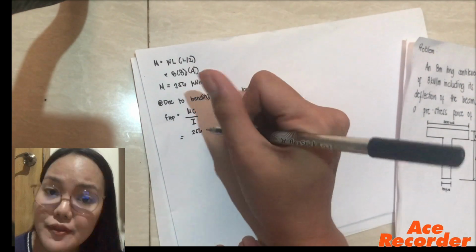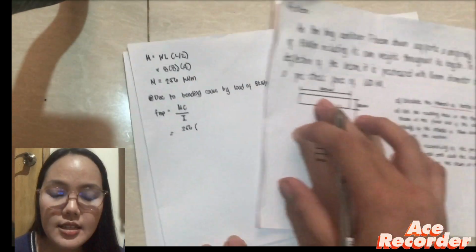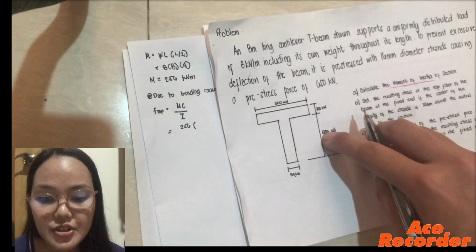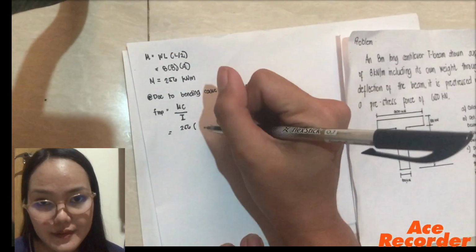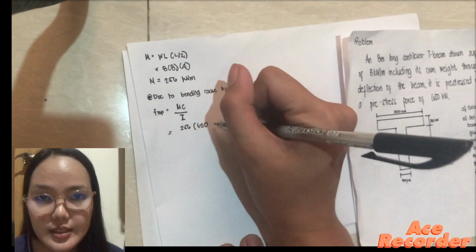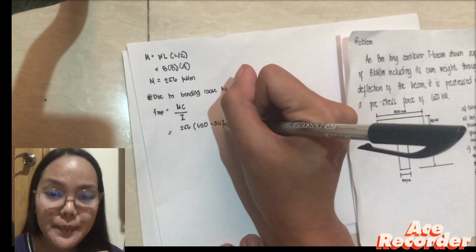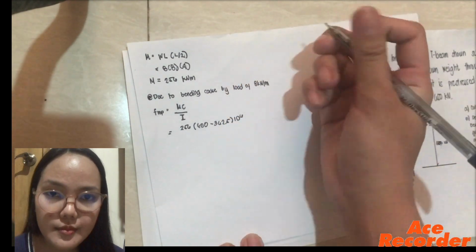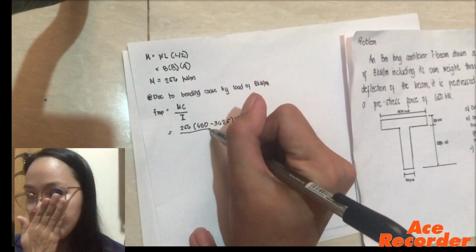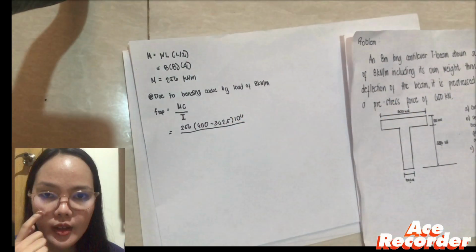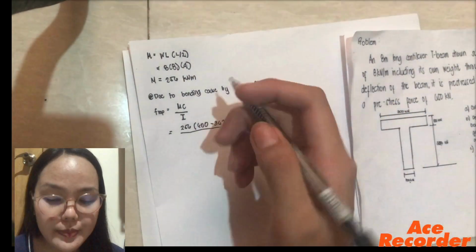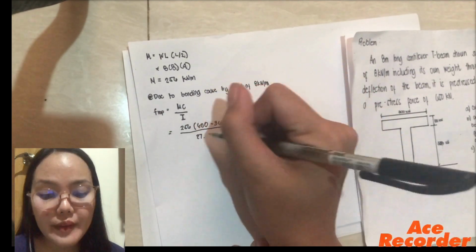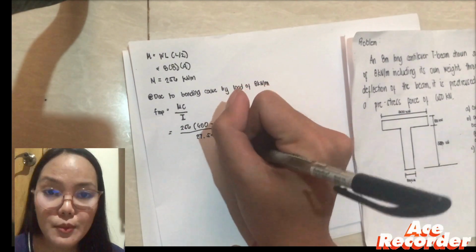M is 256, the moment, and the centroid is 600 minus 362.5, times 10 to the 6th power, over the inertia, which is 27.541 times 10 to the 8th power.